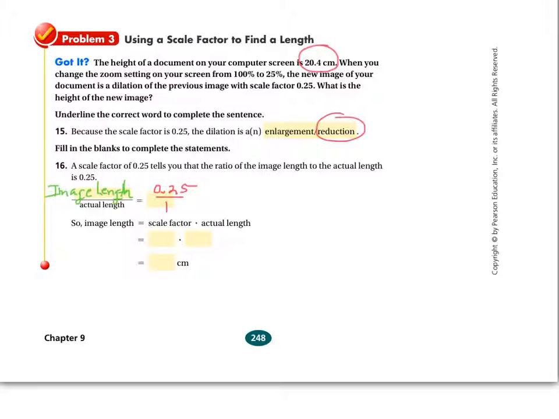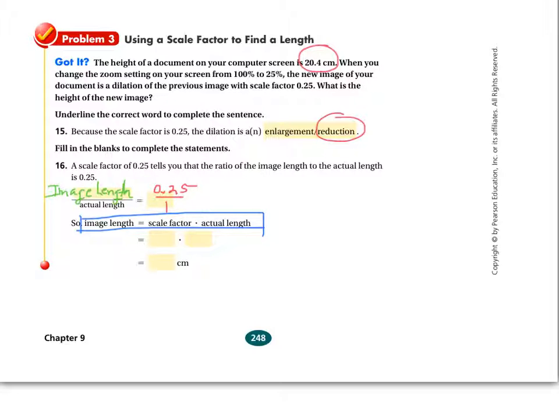And so what they've done here, again, which is maybe making it more complicated than it needs to be, they've taken the fact that you have a proportion here, and haven't they cross-multiplied? Image length times 1 got you to image length, and actual length times 0.25 got you to scale factor times the actual length. So this right here is your scale factor.